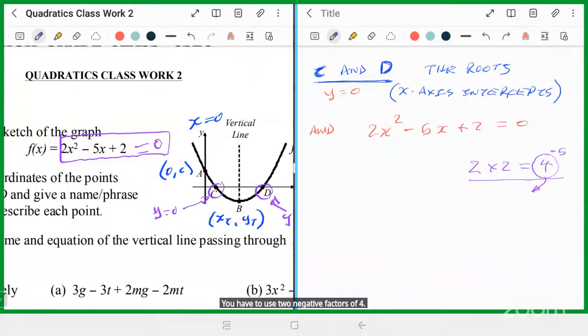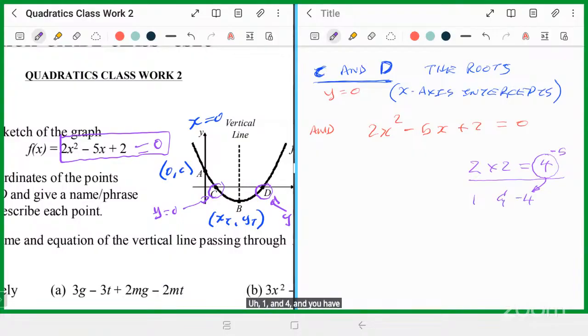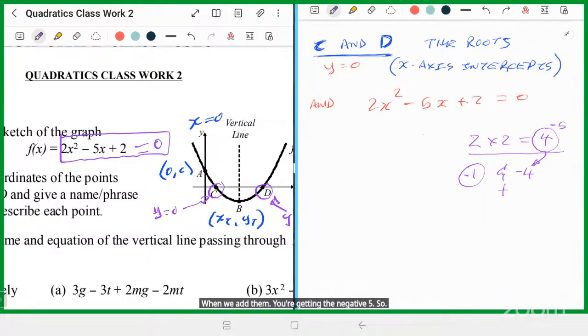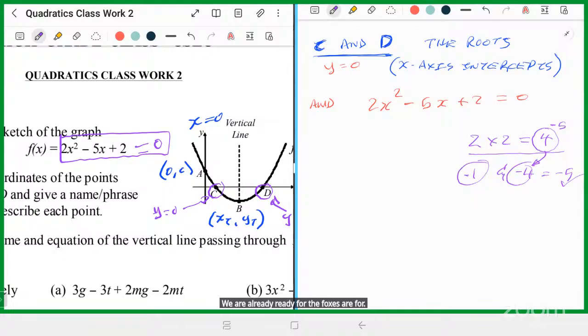The factors 1 and 4, you make both of them negative. They multiply to give you 4, but when you add them, you get negative 5. So we have already found what we need.